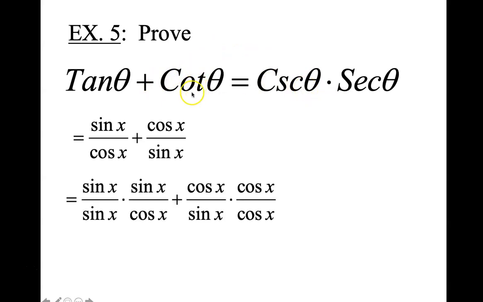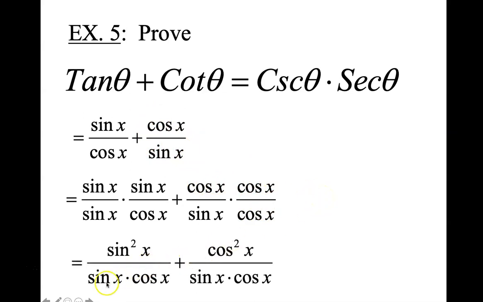So again, these do not have common denominators, so we make them have common denominators. I take this first, sine over cosine, multiply it by sine over sine, take the cosine over sine, multiply it by cosine over cosine, giving me this common denominator, sine times cosine.